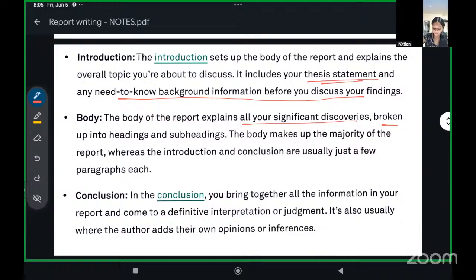Okay, now conclusion. In the conclusion, you bring together all the information in your report, you summarize it and come to a definitive interpretation or judgment. It is also usually where the author adds their own opinion or inferences.